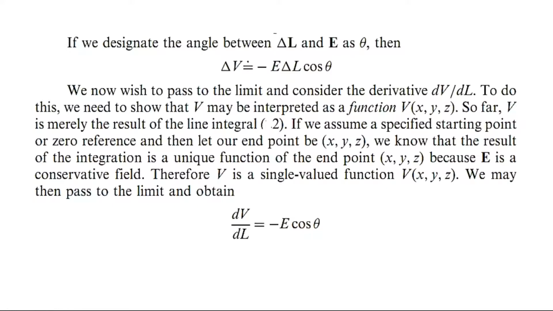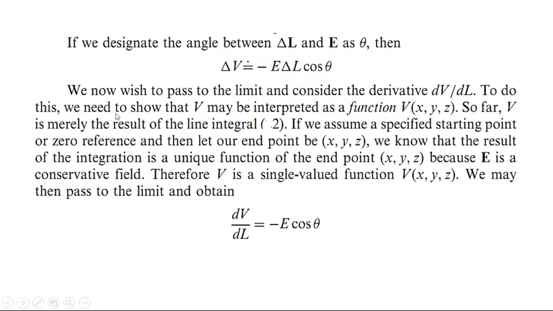Because now we are slowly moving towards the maximum space rate of change of potential, and then we will define the gradient. So for that we need to consider the derivative.